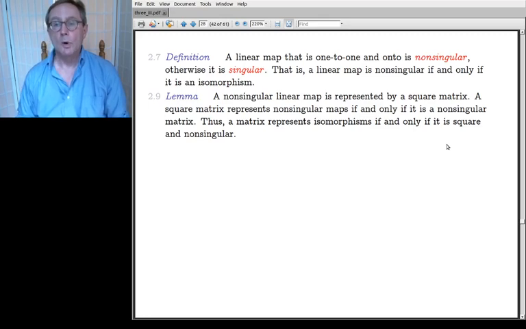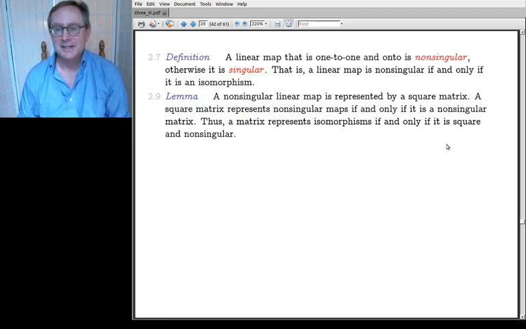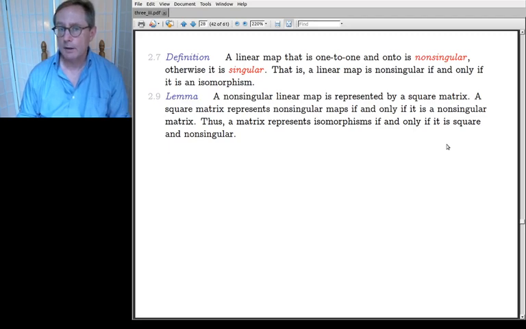If you want to be both one-to-one and onto, you have to be represented by a square matrix. A square matrix represents non-singular maps if and only if it's a non-singular matrix. That is to say, in summary, a matrix represents an isomorphism if and only if it's square and non-singular.